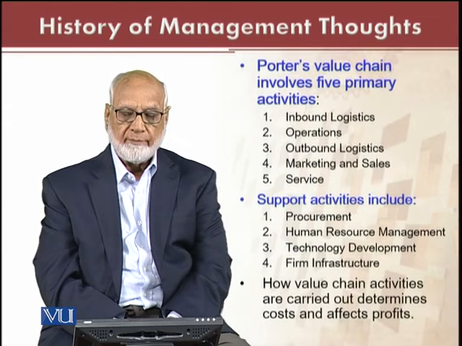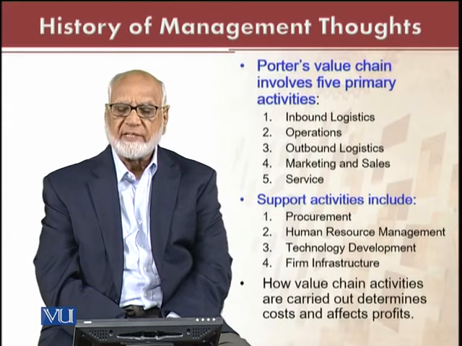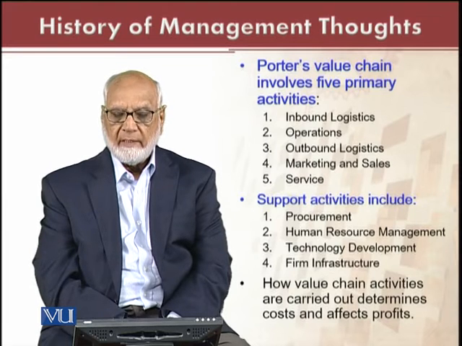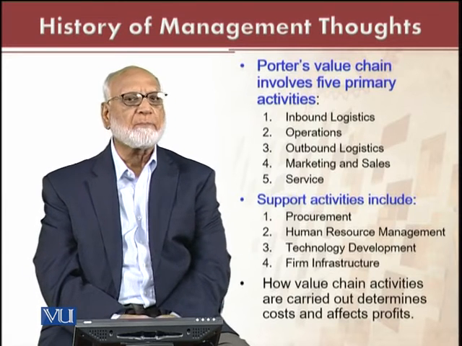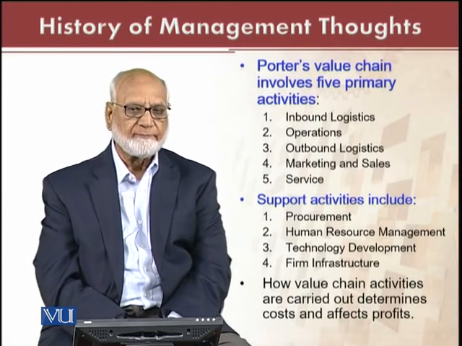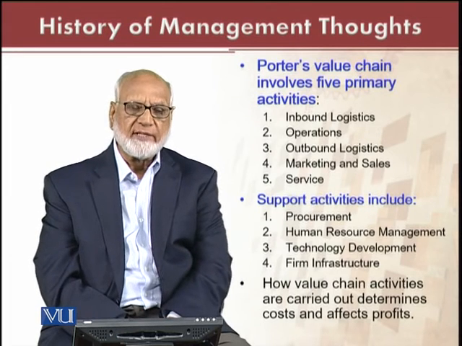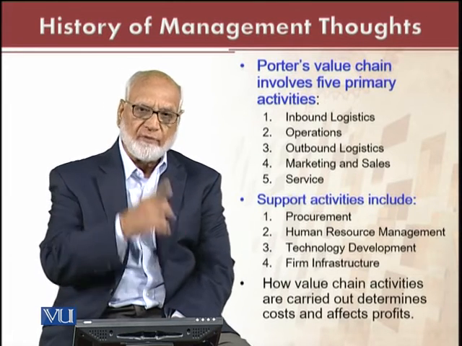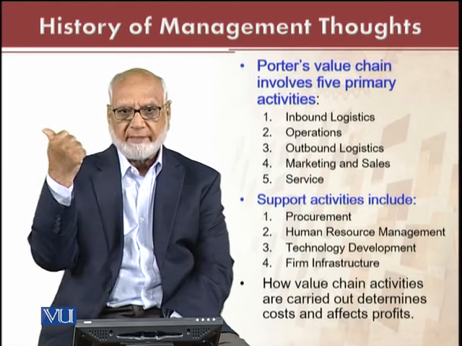Number 2, the operations at the factory. Number 3, outbound logistics. Now the products are produced, manufactured. What is the logistic arrangement to transport from the factory to the market?